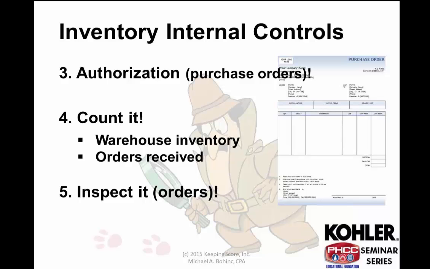And then we also compare the receiving ticket and make sure that we got the items at the price that we were quoted. So the purchase order and the receiving slip match.